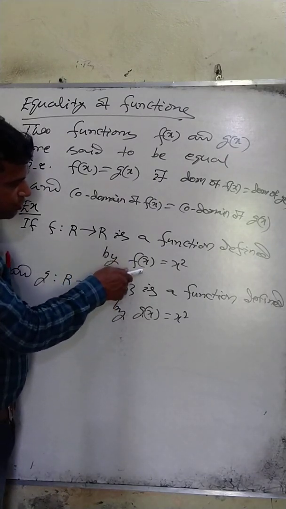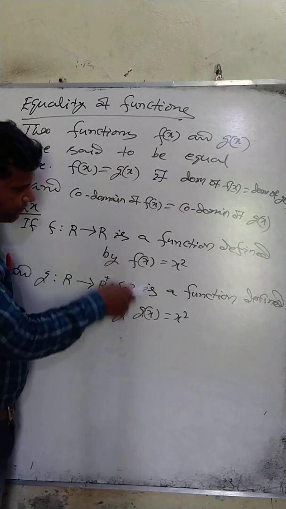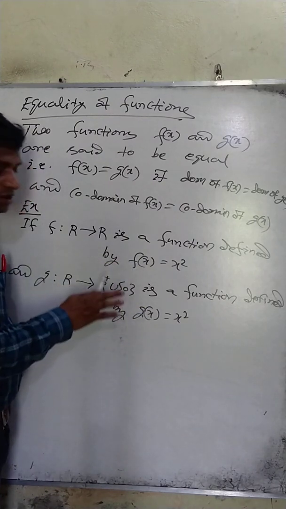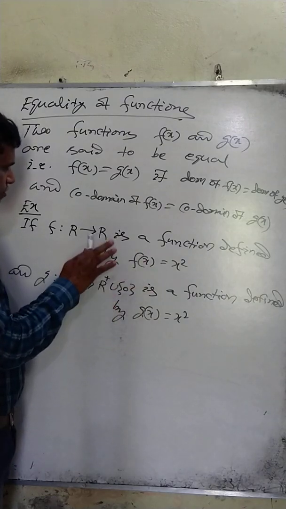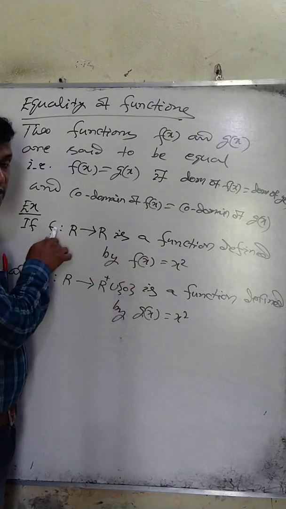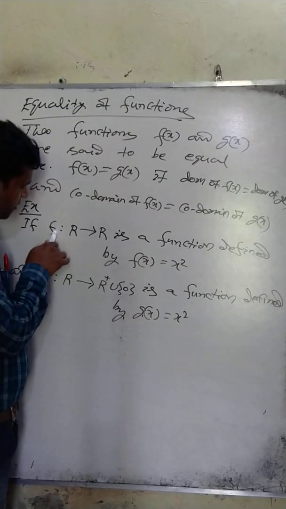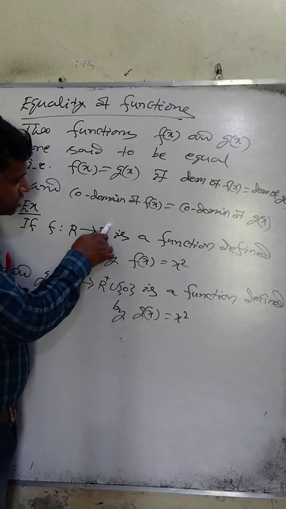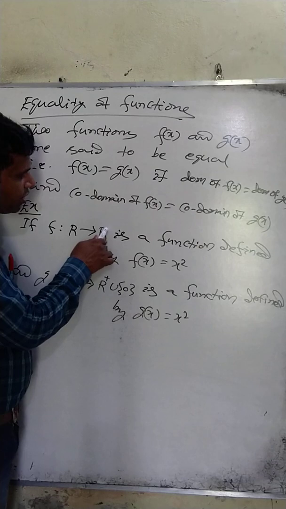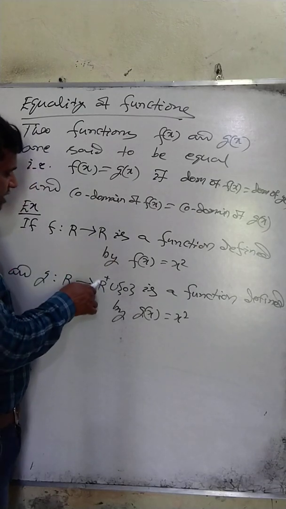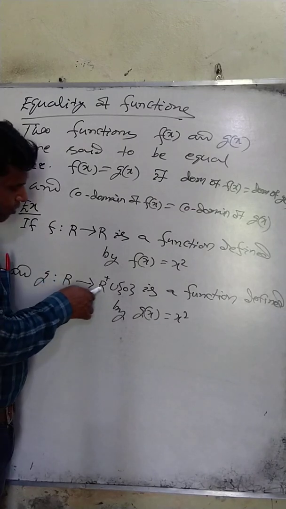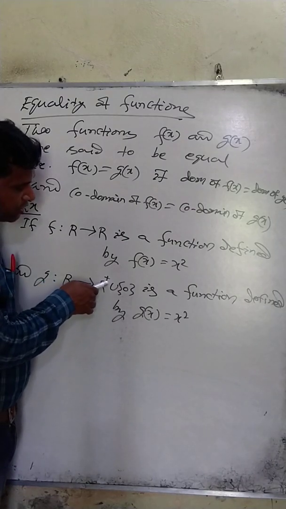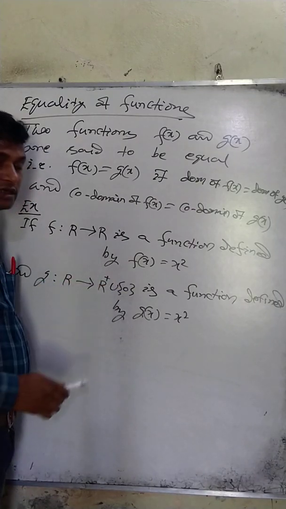Then even though f of x is equal to g of x, they are not equal because their codomain sets are not equal. In the function f, the codomain set is the set of real numbers, whereas in the function g, the codomain set is only positive real numbers and 0.